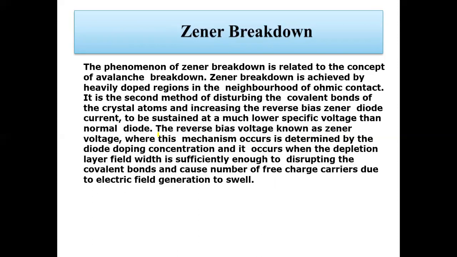And here, the reverse bias voltage, known as Zener voltage, where this mechanism occurs, is determined by the diode doping concentration, and it occurs when the depletion layer field width is sufficient to disrupt the covalent bond and cause a number of free charge carriers due to the electric field generation to swell.